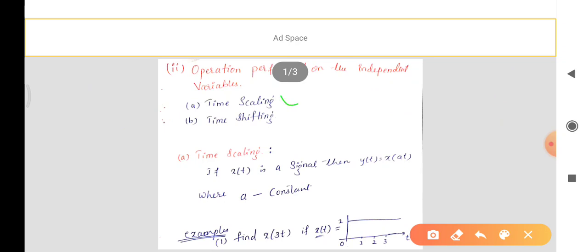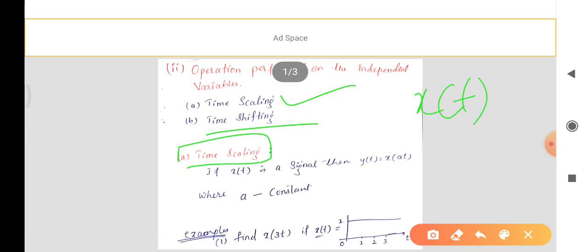Let's see how this can be done. There are two: time scaling can be done and time shifting can be done. Let's take the first one, time scaling. If x of t is your signal, then time scaling is defined as y of t, a time scaled signal, which is x of at.